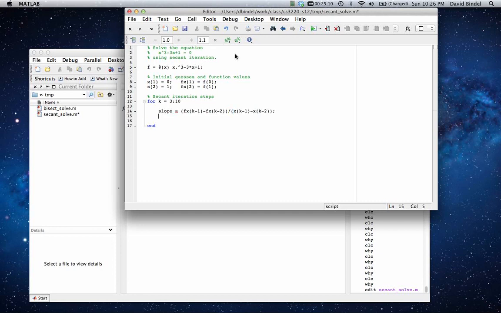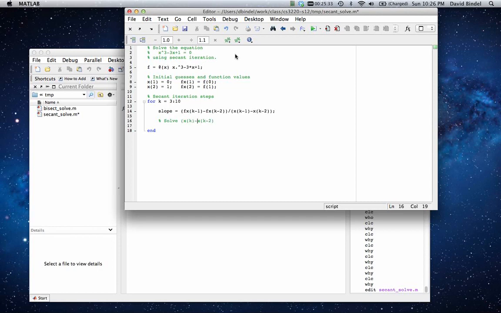Okay, and we've got now the equation for the line is x minus the low end, which is x of k minus 2.